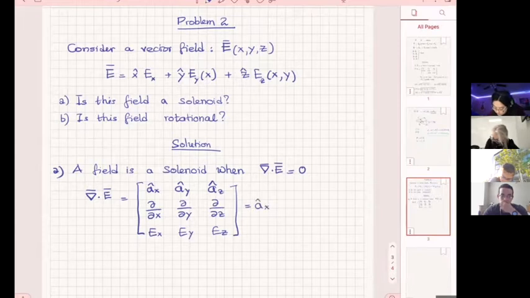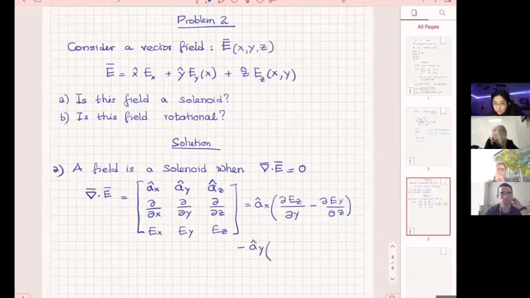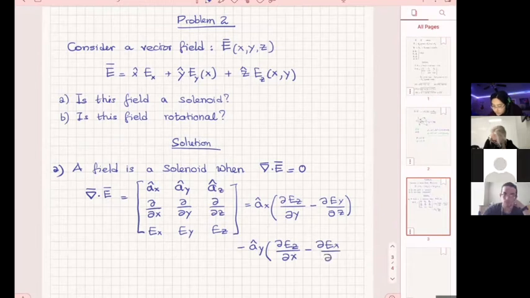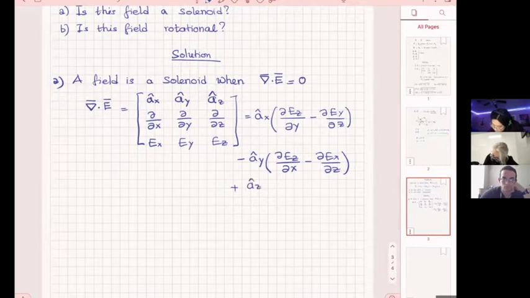And that gives a sub x, del Ez over del y minus del Ey over del z, minus a sub y, del Ez over del x minus del Ex over del z, plus a sub z, del Ey over del x minus del Ex over del y.